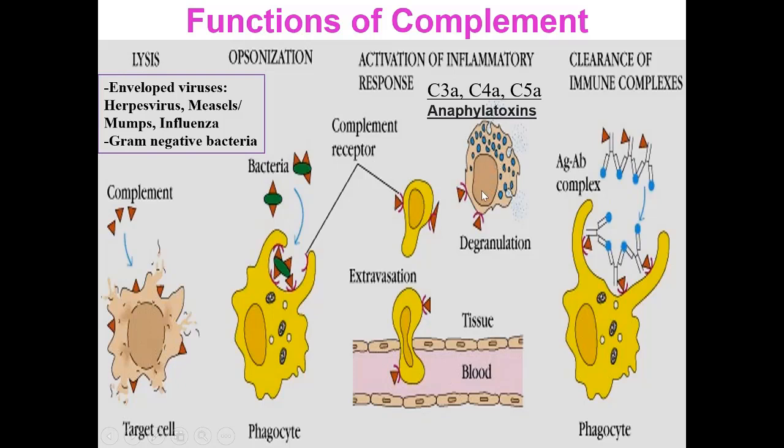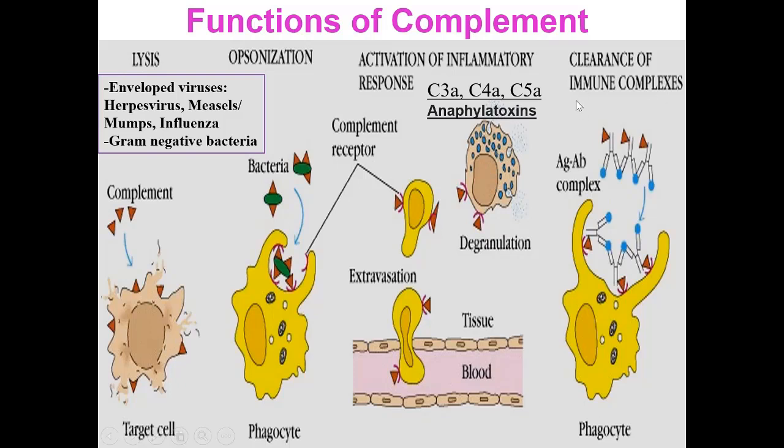Also, these fragments have receptors on the surface of inflammatory cells such as mast cells, as you see here, and induce the degranulation of mast cells, and in this way can increase the inflammation.